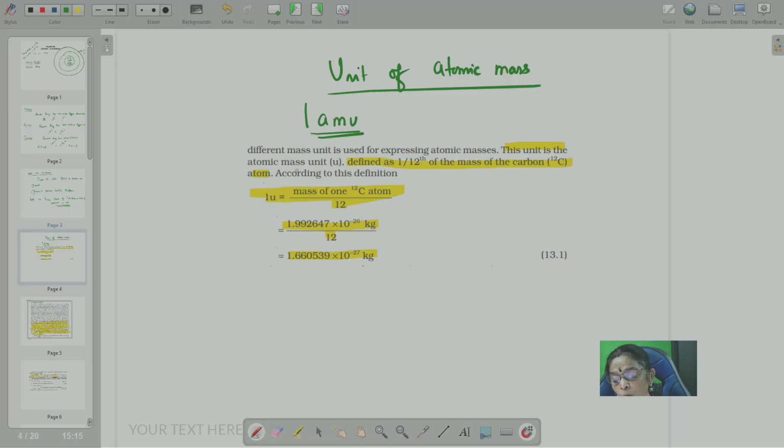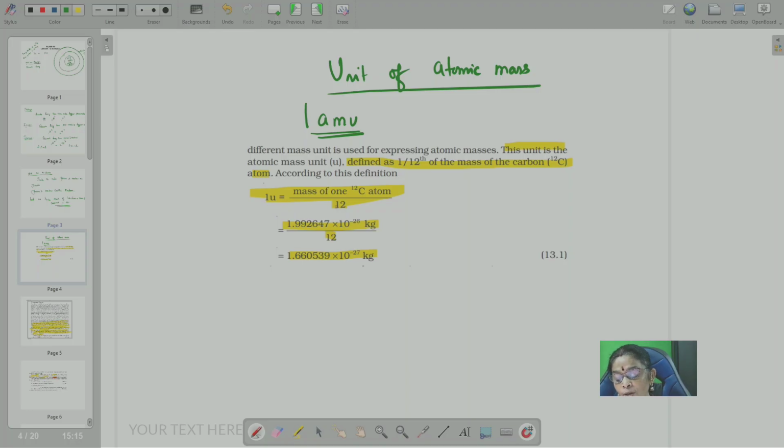This unit is the atomic mass unit, which is defined as 1/12 of the mass of carbon-12 atom, which is defined from the basic element called carbon. Carbon-12 has atomic mass 12. So 1/12 of the mass of carbon atom is defined as 1 atomic mass unit.